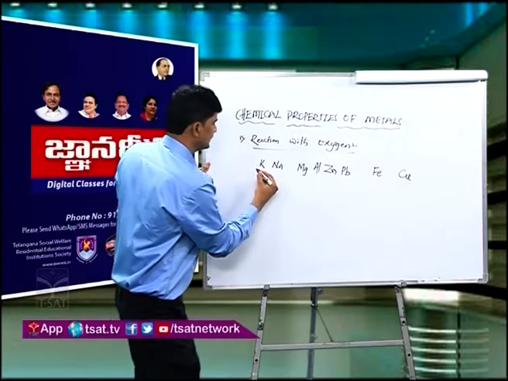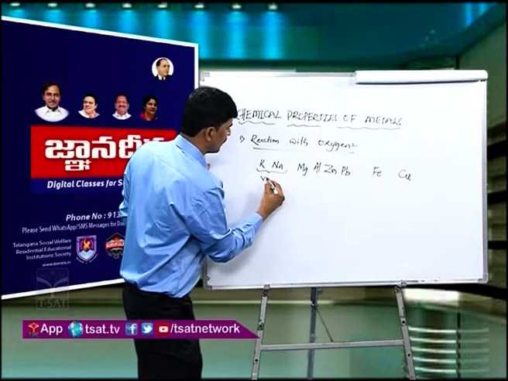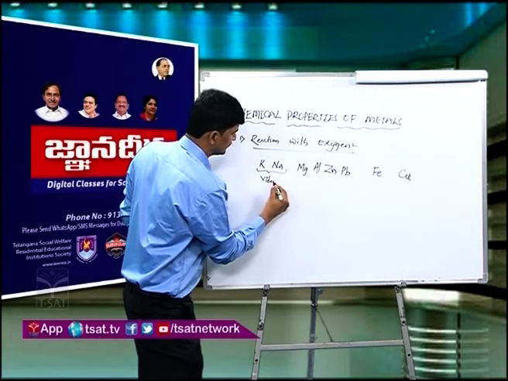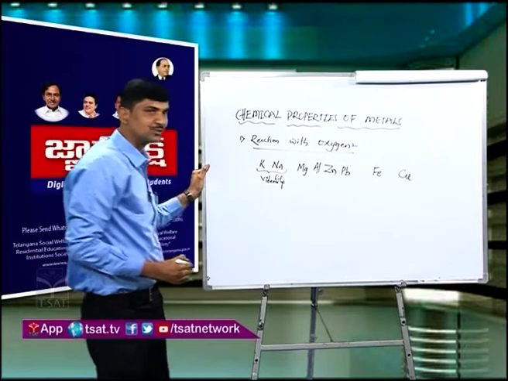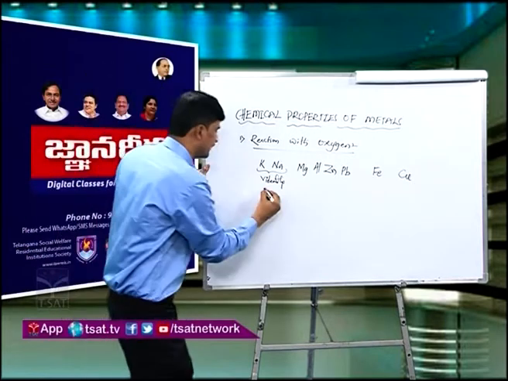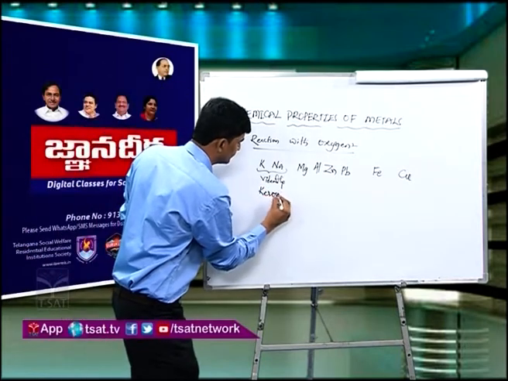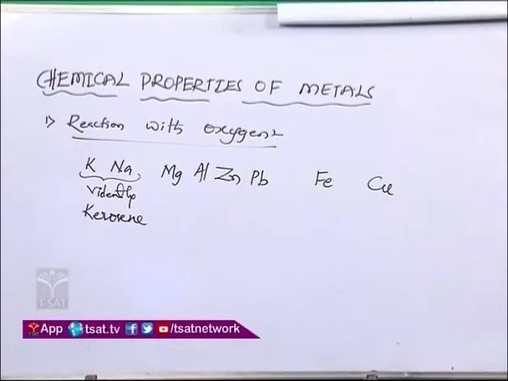Some of these metals react violently with oxygen, so they are kept immersed in kerosene oil to avoid this explosive reaction with oxygen.